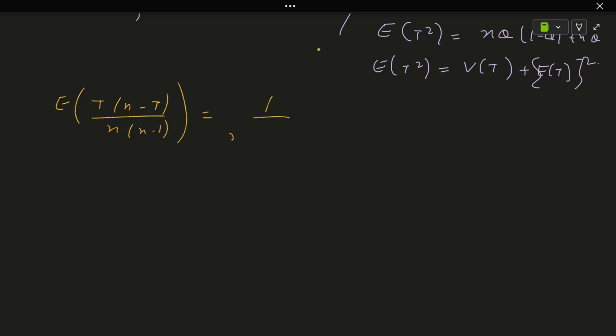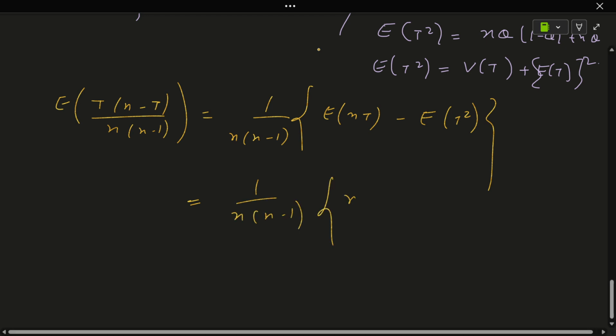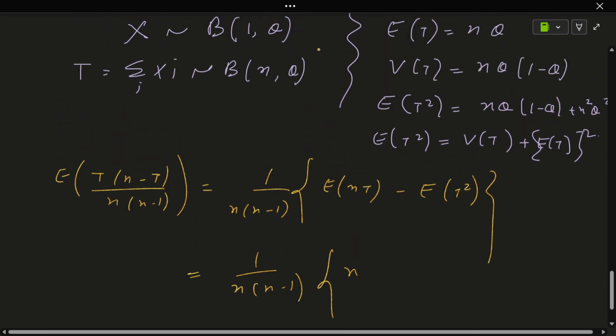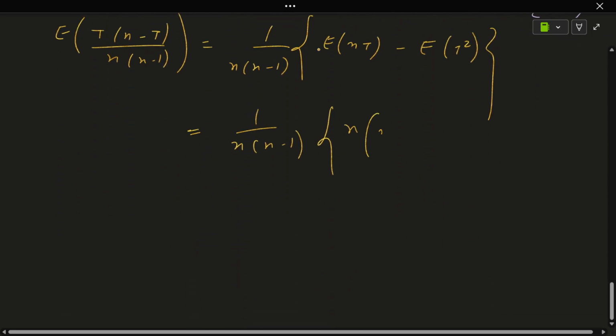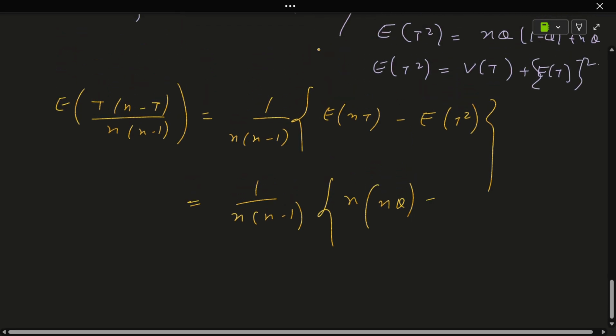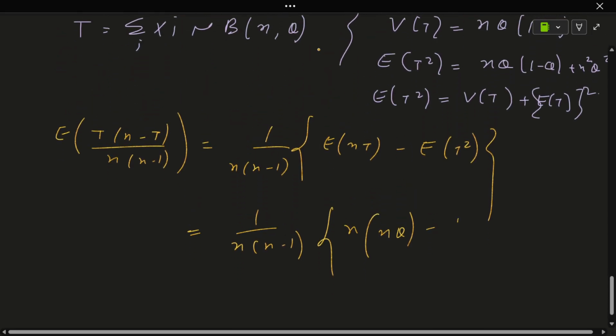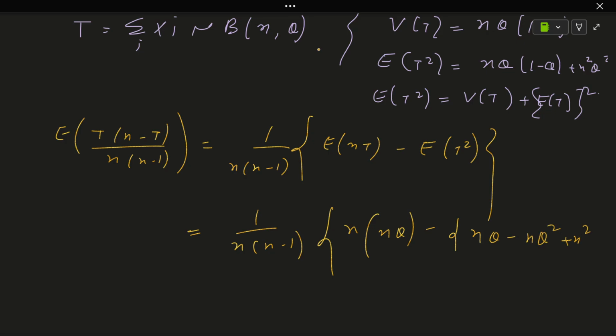So what will this be? 1 upon n minus 1 will be my common term, because this is a constant, so it will come outside. We take the expected value of the variable; the expected value of a constant is the constant. So this will be the expected value of nT minus the expected value of T square. Clear? So this will be 1 upon n minus 1 times n times the expected value of T, which we saw here is n theta. So this will be n theta minus the expected value of T square, that is n theta minus n theta square plus n square theta square.